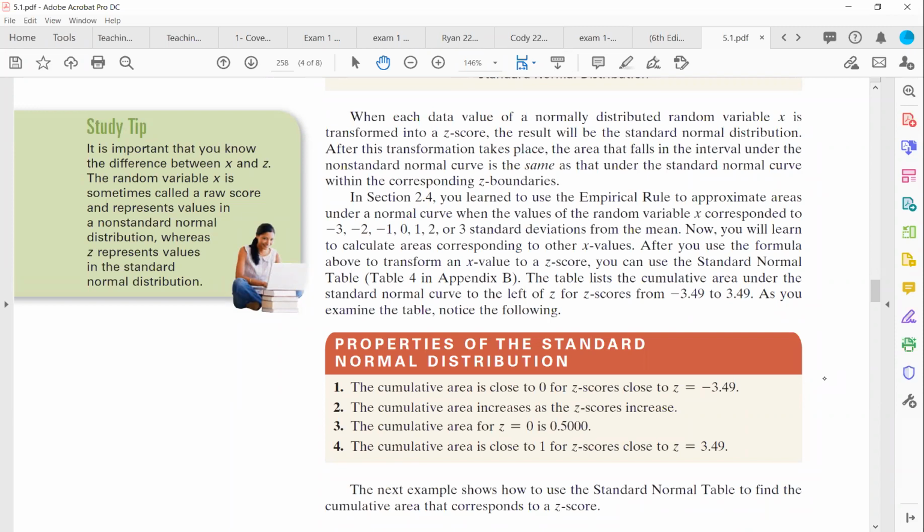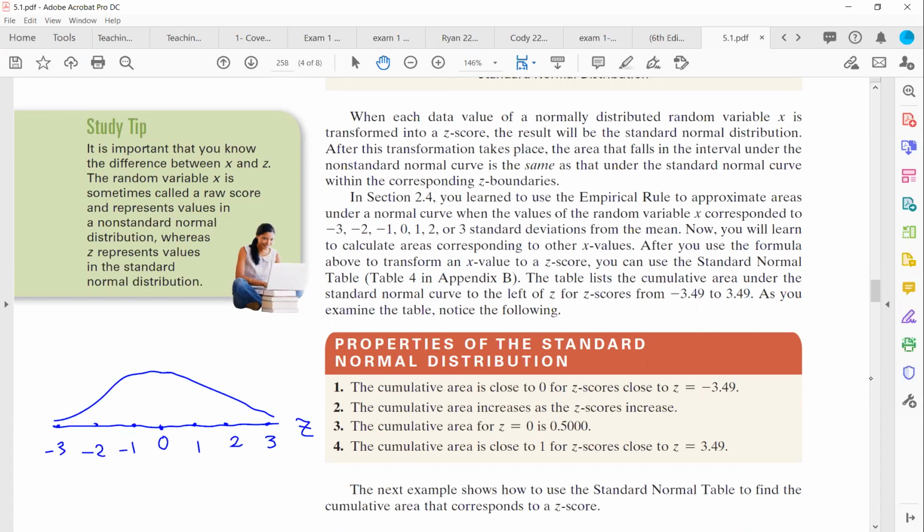Let us talk about area. The cumulative area is close to 0 for z-scores close to -3.50. So remember that. We read graphs from left to right. Z is 0 in the middle, z is 1, z is 2, z is 3. It's always fixed for the z graph. Z is -1, -2, -3. We cannot change this graph.